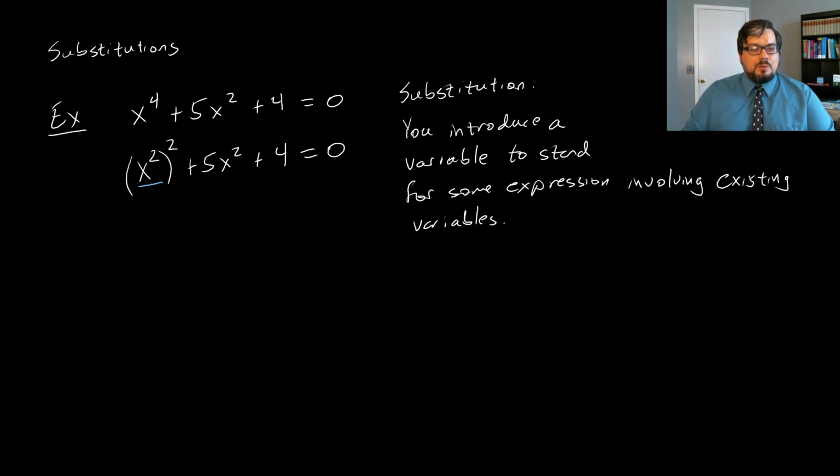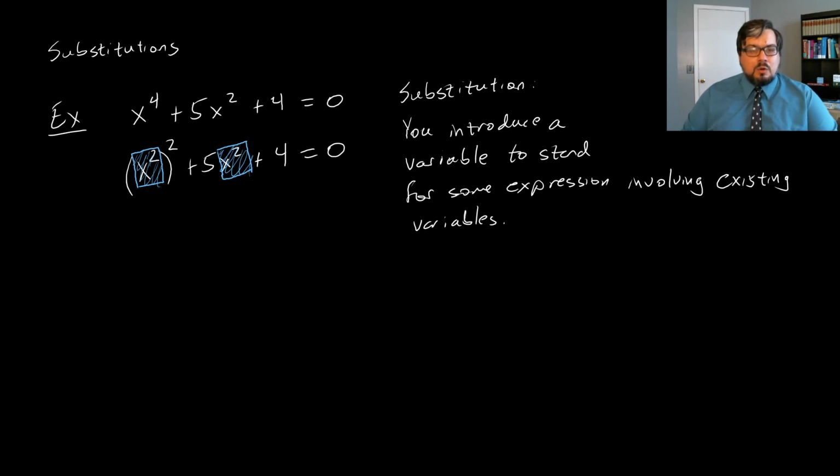Now the reason why I'm doing this is because now I notice that this x squared here and this x squared here are the same. And if I were to treat these boxes as if they were filled in and as if they were their own variable, this would look like a quadratic equation in the variable blue square.